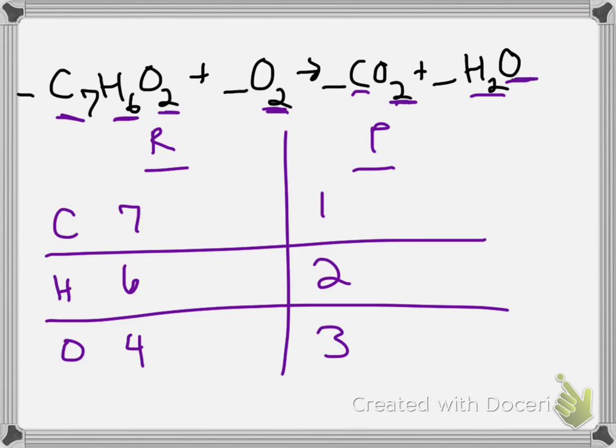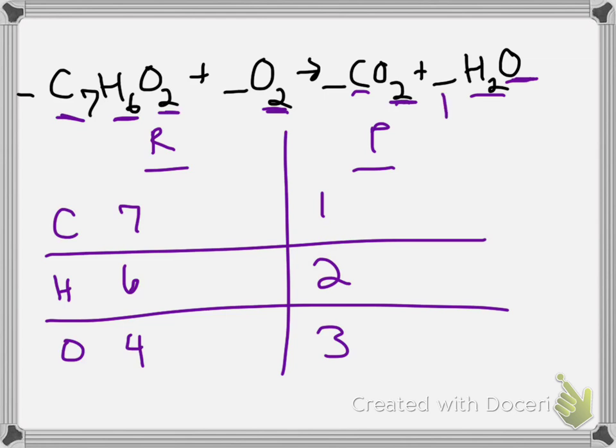So this oxygen is always going to be even because it's multiplied by 2. But this oxygen, if we had an odd coefficient, like a 3, then we would have an odd number of oxygens. So that means our coefficient here needs to be an even number because we can only have an even number of oxygens. So with that in mind, we're going to start balancing.